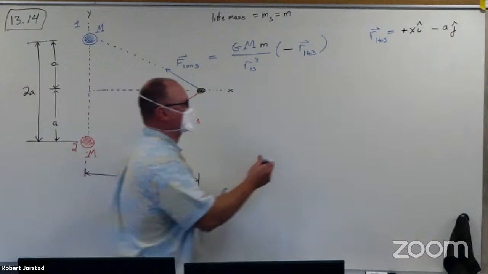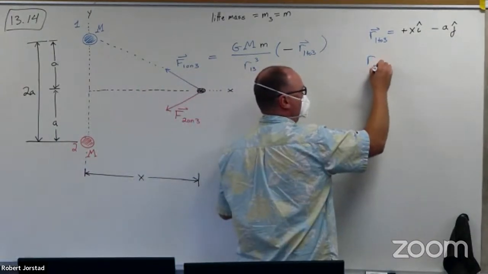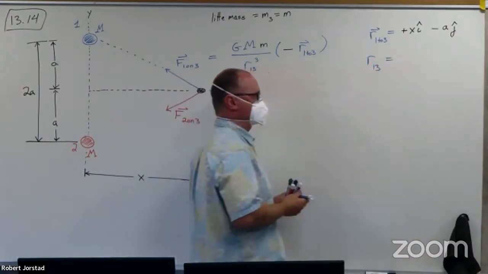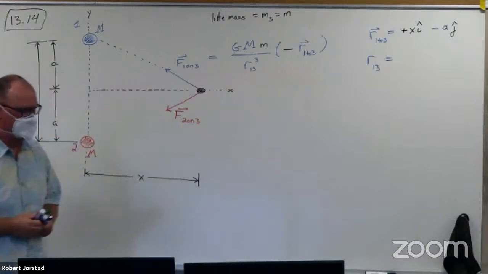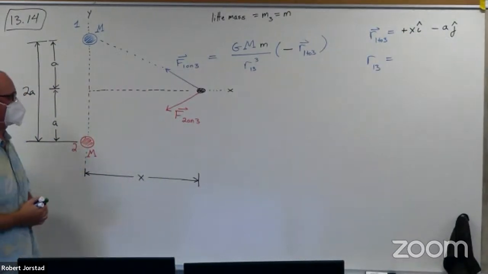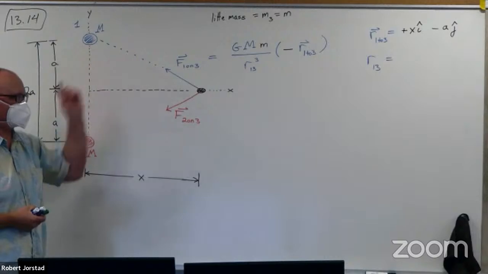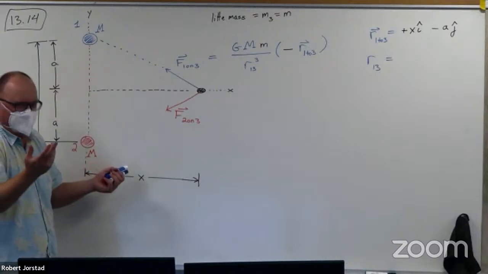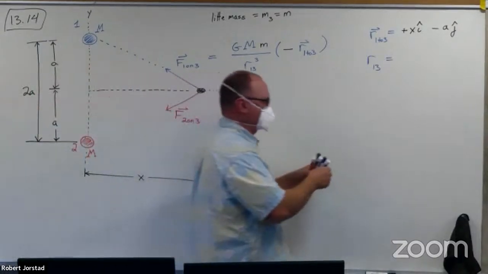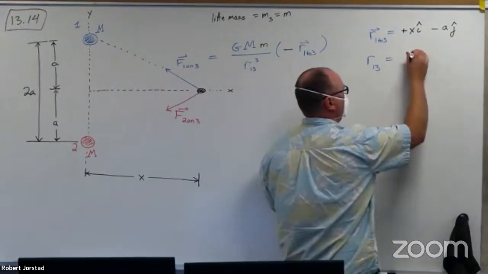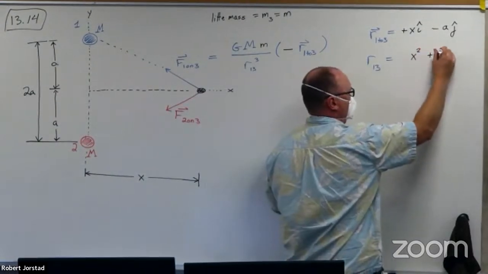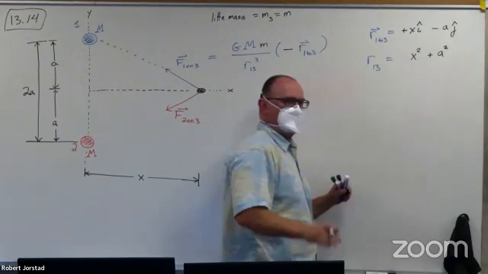Now, what's R13? The distance, what's that going to be? If I just want the distance, how would I get the distance between them? x squared plus a squared. And then what do I have to do with that? You're right.